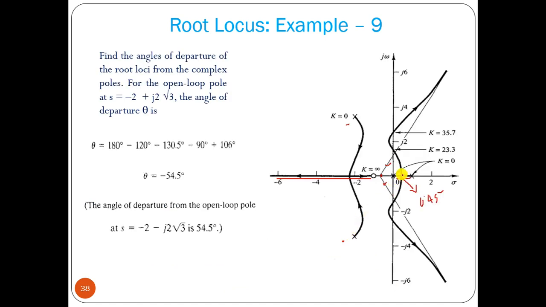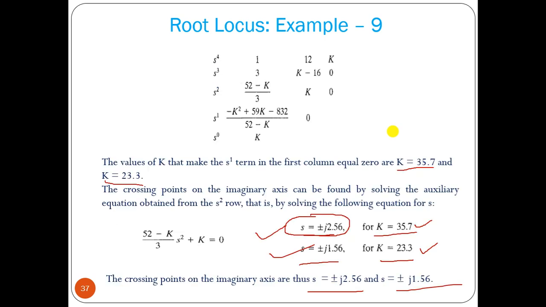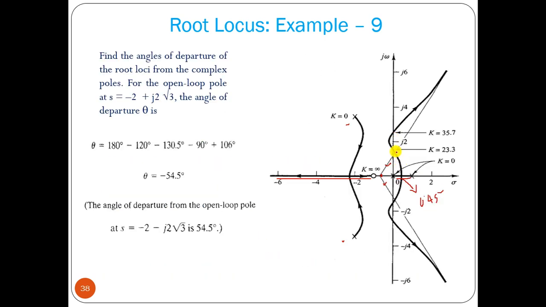So it will start from here, cut at 1.56, then go into the left half plane, then come back and intersect the real axis once again at 2.56. So this is your 1.56 and this is 2.56. Then it should go along the asymptotic line. Similarly, it is symmetrical with respect to the real axis, so we can have the same thing here. So it is crossing two times.